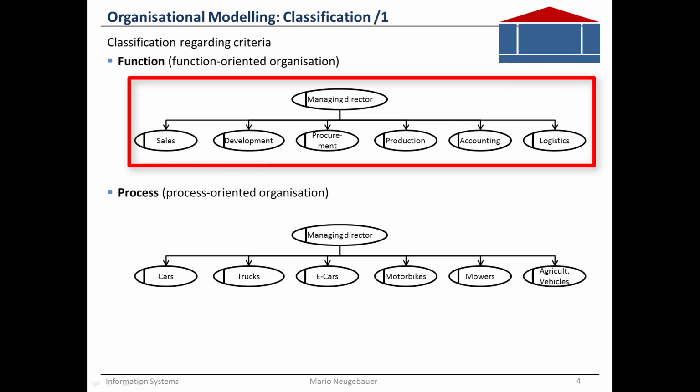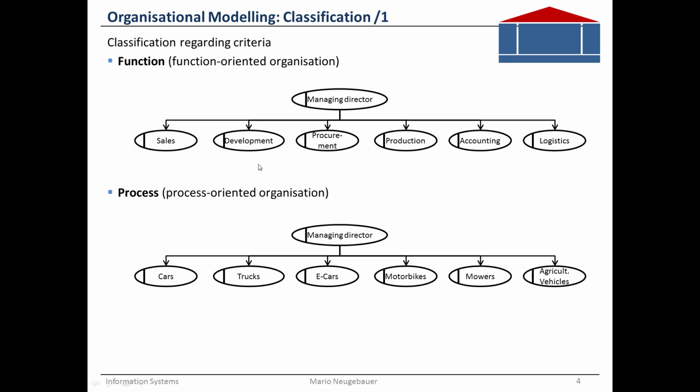And function-oriented means that you have certain functions which can be found in different departments, like functions for sales, functions for the product development, functions for the procurement. So you would take care about your material. You have to buy the material which is required for your production. Then functions for all the production, and function for the accounting and logistics finally.